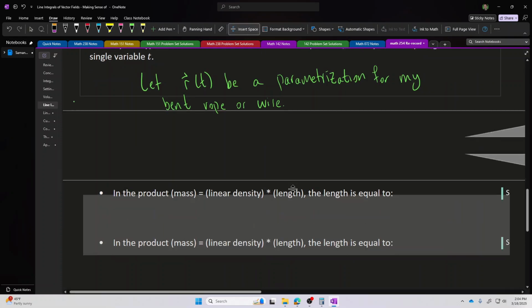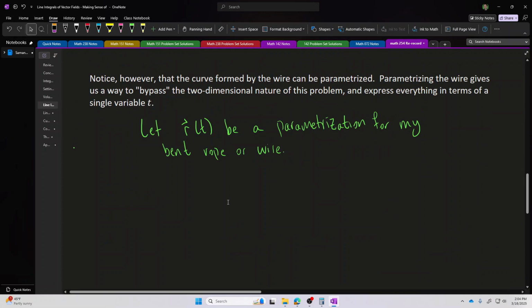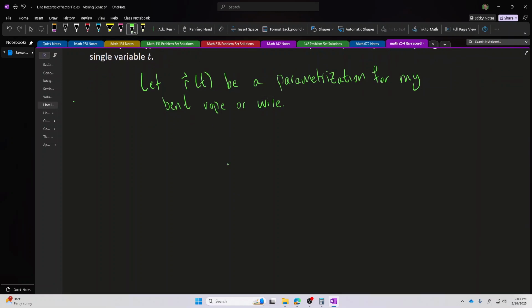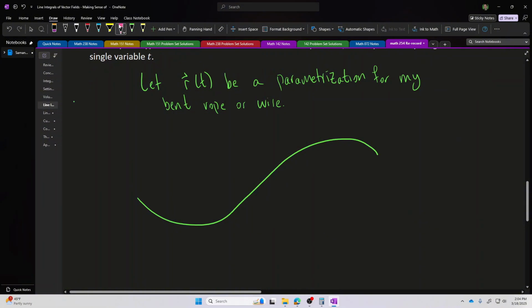If I parameterize the curve formed by my rope or wire by this function r of t, and if I think about the vector r prime of t, do we remember what the vector r prime of t represents for a parameterized curve? The vector r prime of t represents a tangent vector to the curve, right? So potentially a vector that looks something like this.